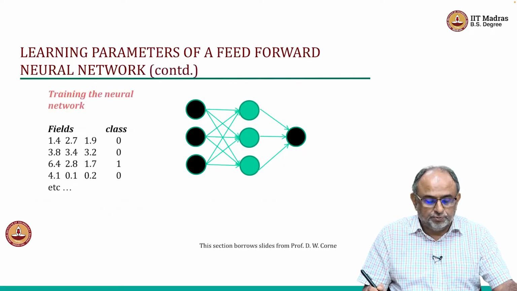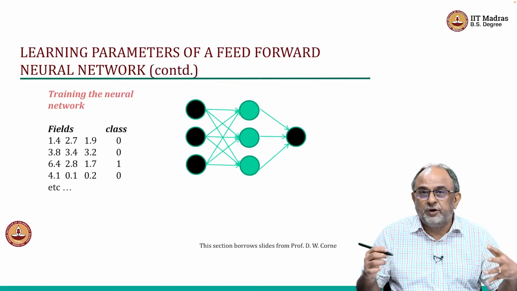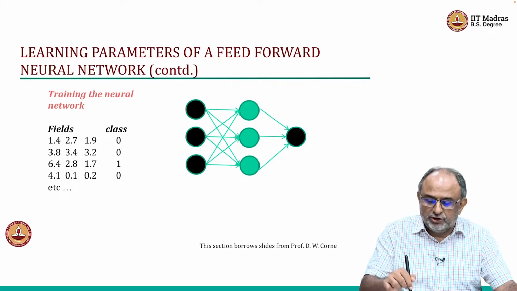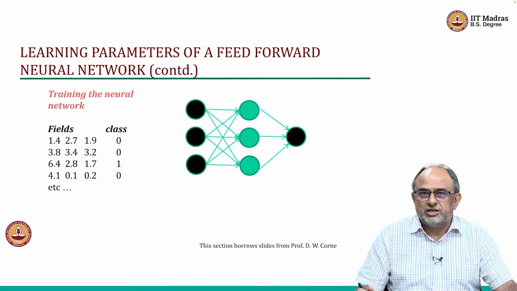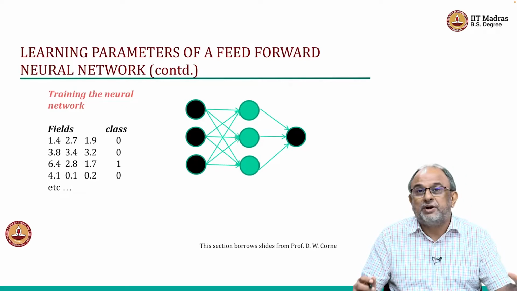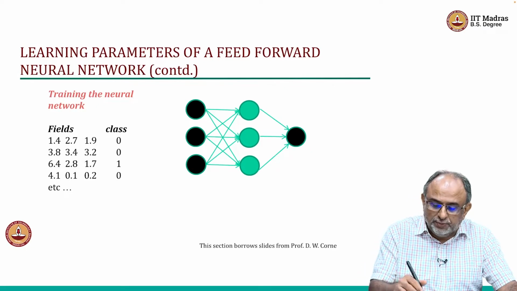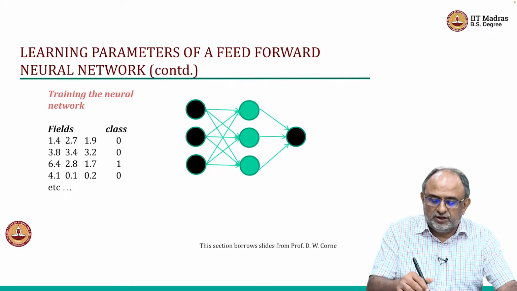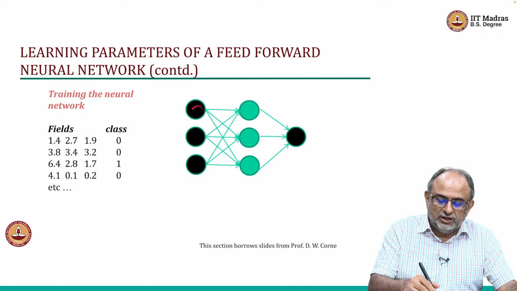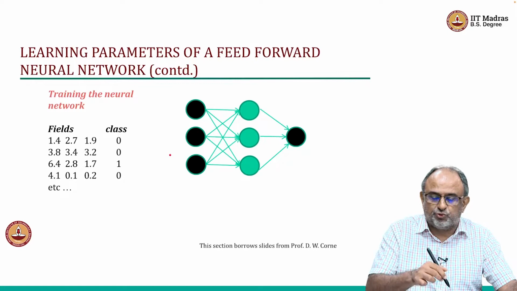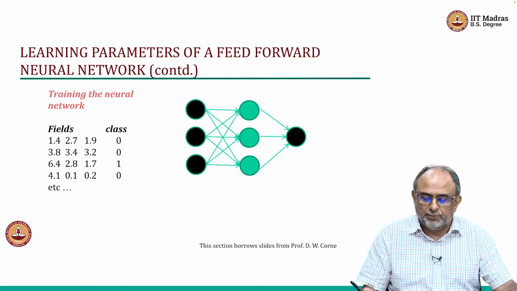Building an automatic system, in neural network terminology, means that I am training the neural network. What does that mean? Here I'm assuming there are 3 input nodes, meaning 3 features feeding in, as in the diabetes problem.